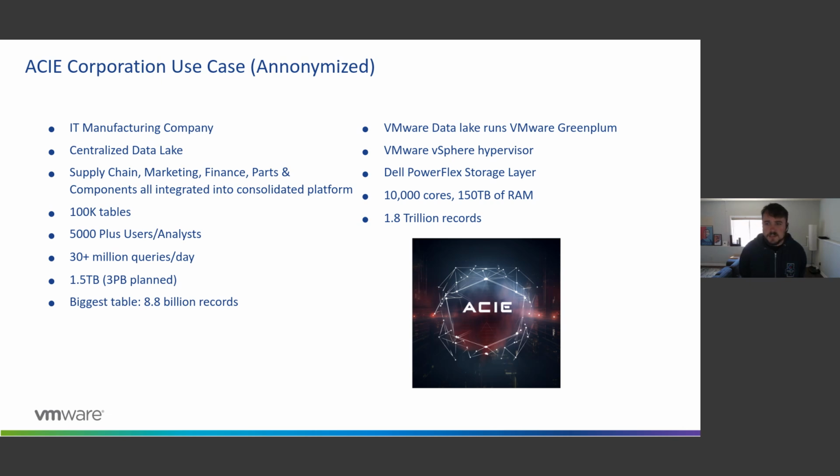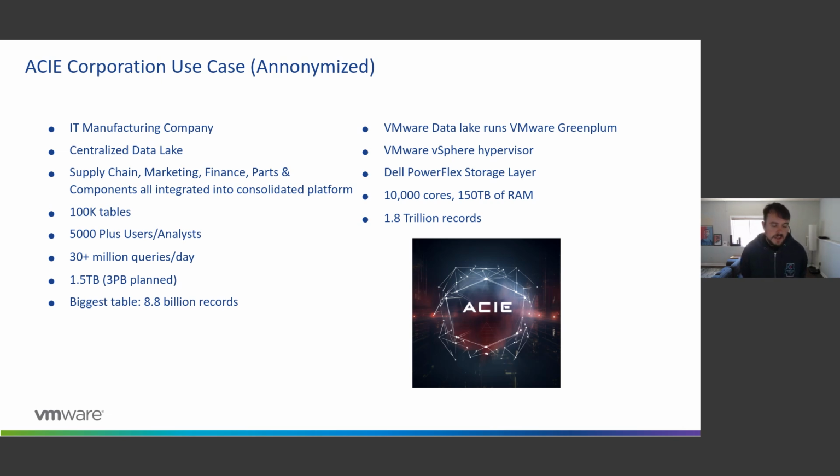And so like this platform, it's big, and those 5,000 some analysts, they want to be able to get the insight out of the system without having any particular issues. And so this corporation actually recently has been making this switch from an older system into the thing that I just described, this architecture of Greenplum on vSphere, in order to get all of those benefits that I just mentioned.